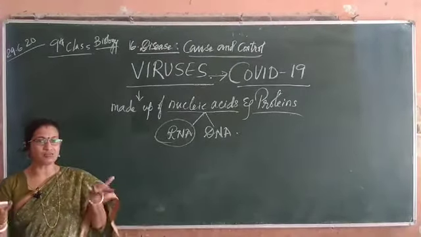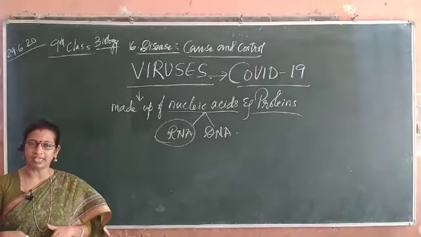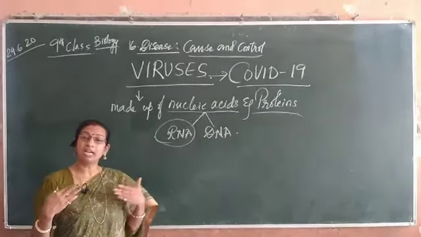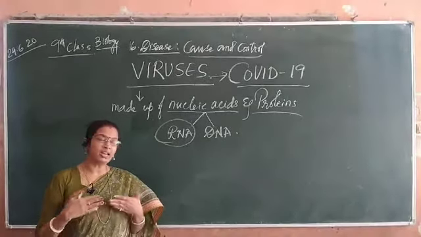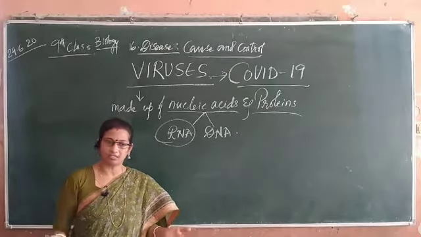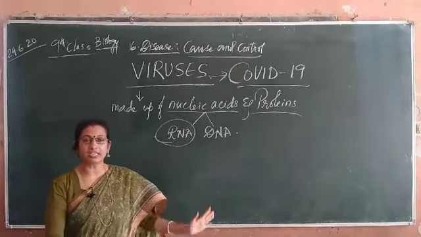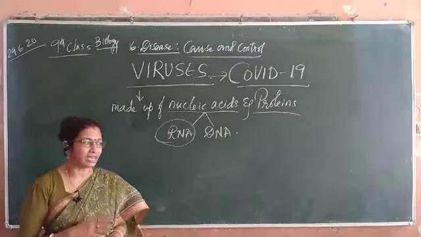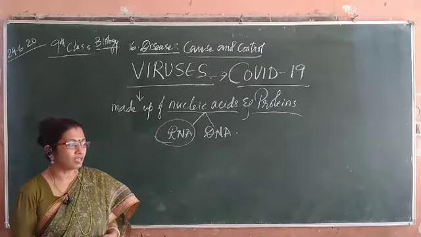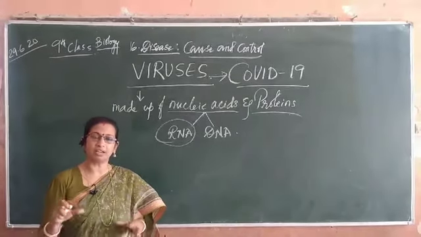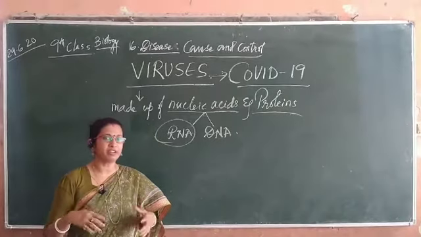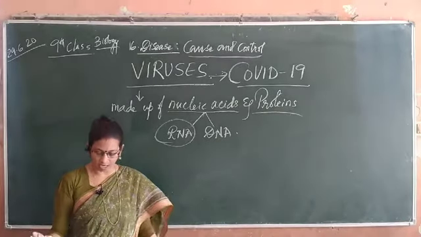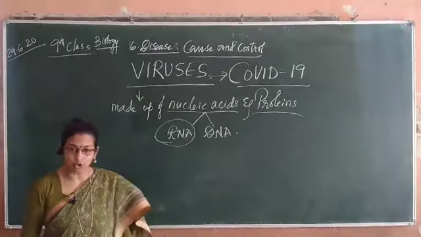And once this virus enters into my body, it will start multiplying at a very fast rate. Just as the population of India keeps increasing day by day, similarly the viruses are multiplying in our body at a tremendous rate, which cannot be controlled.